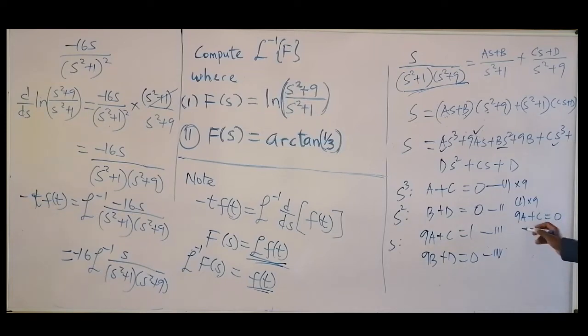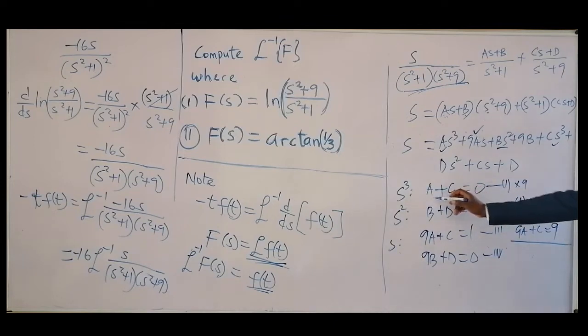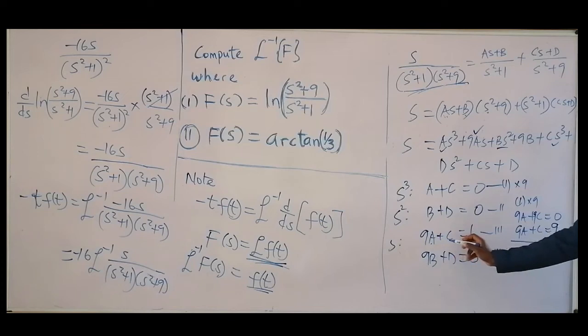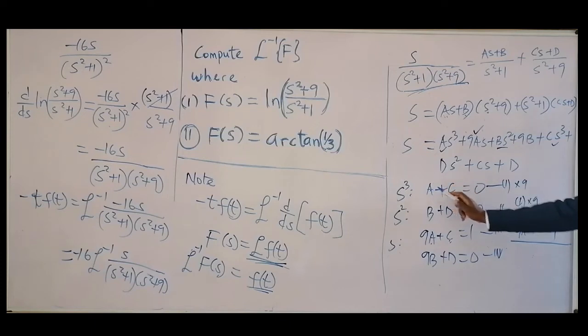Then equation 3 is 9a + c = 1. We multiply equation 1 by 9 so that we have the same coefficients for a, and a can cancel out.